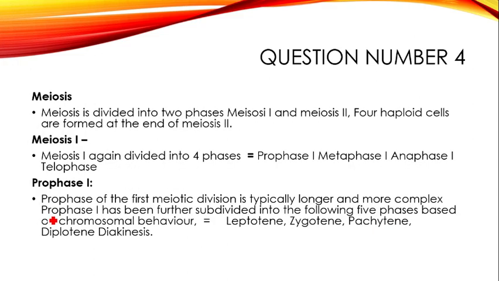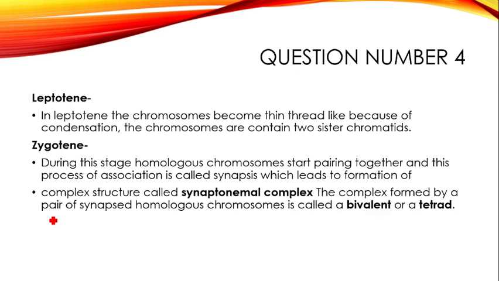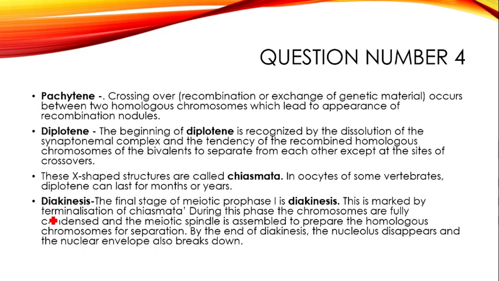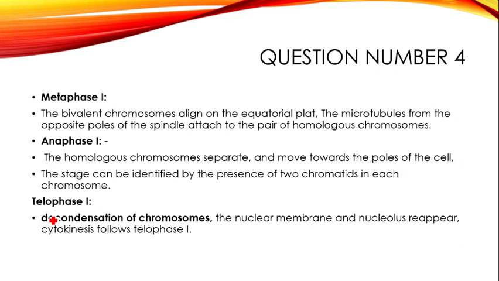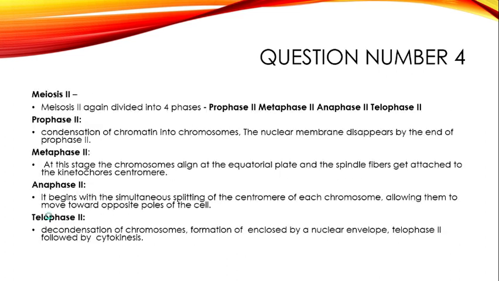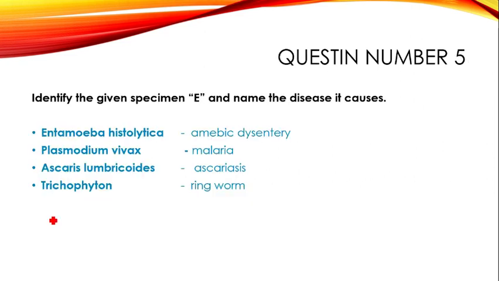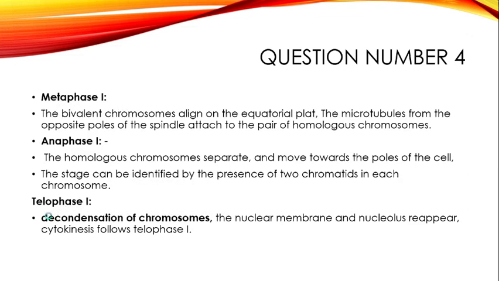Then these are meiosis phases. They can give any one slide. It may be meiosis 1, meiosis 2, leptotene, zygotene, metaphase 1, metaphase 2, like that. Different stages are there. These are all related to the 4th question.